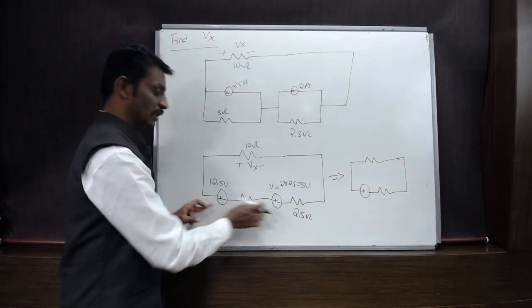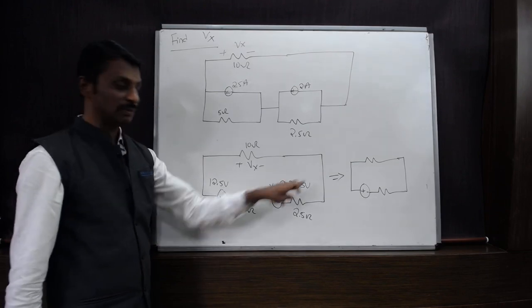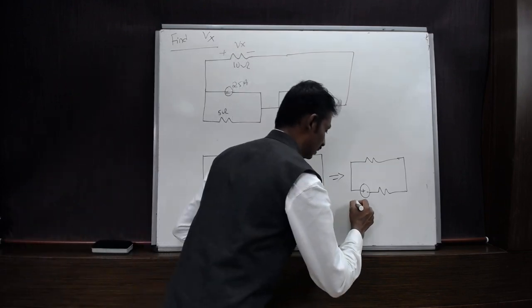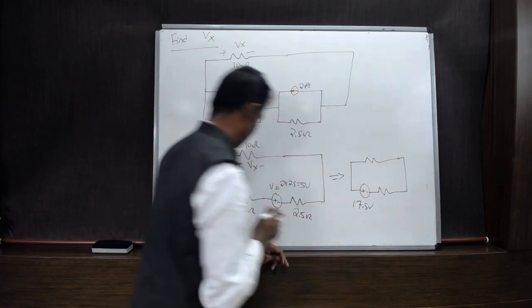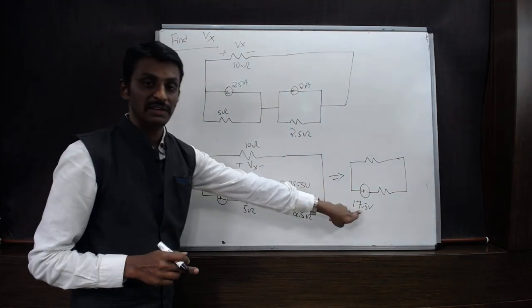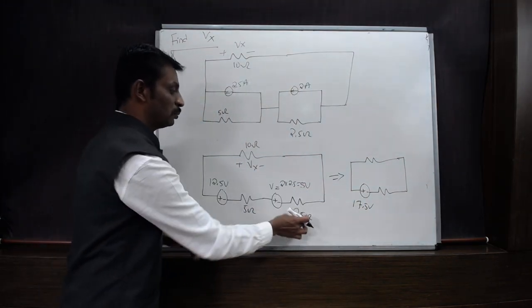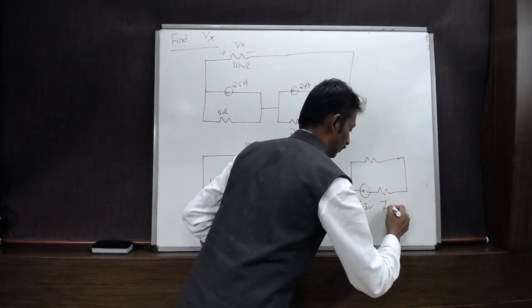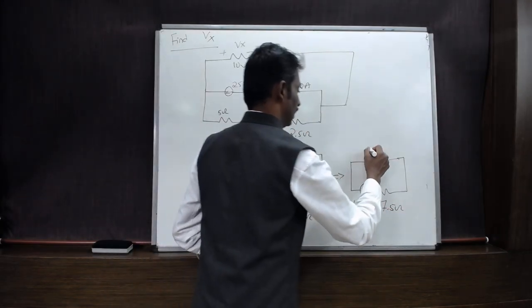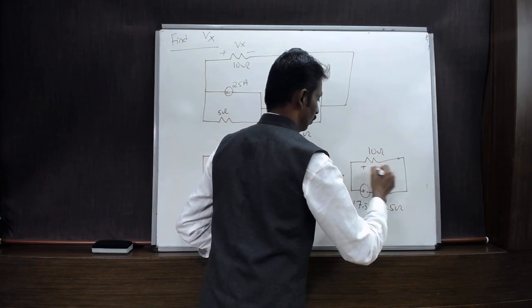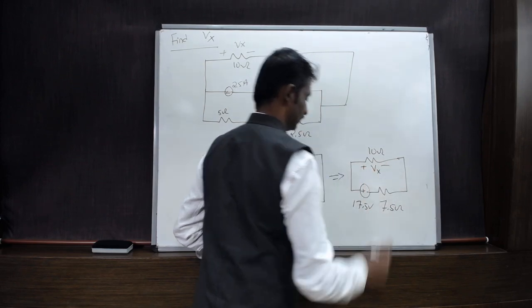Since these two voltage sources are connected in series, we can add up the two voltages, so 12.5 plus 5 will become 17.5 volts, and 5 and 2.5 will become 7.5 ohms, and 10 ohm, and the voltage is plus minus Vx.